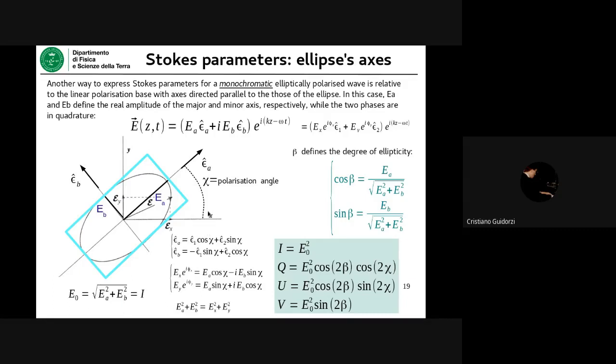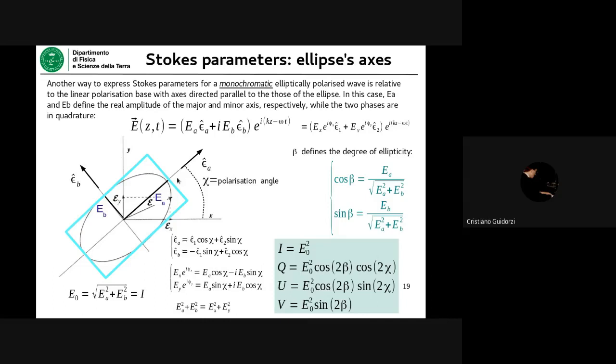So by rotating your polarimeter and measuring intensities, you see the angle at which you have the maximum difference, which means the angle at which Q is maximum. But Q is maximum when chi is 0. It means that you have oriented your XY system parallel to the system of the ellipse.